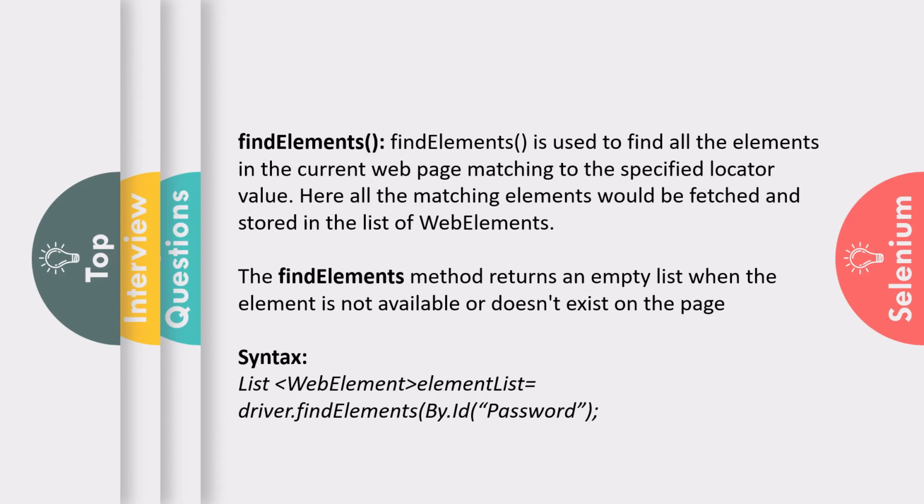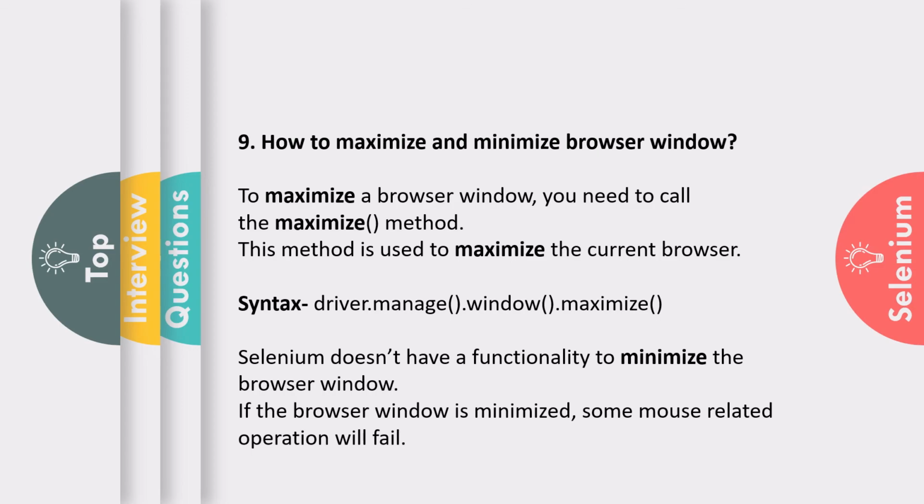FindElements is used to find all the elements in the current web page matching the specified locator value. Here, all the matching elements would be fetched and stored in a list of web elements. The findElements method returns an empty list when the element is not available or does not exist on the web page.